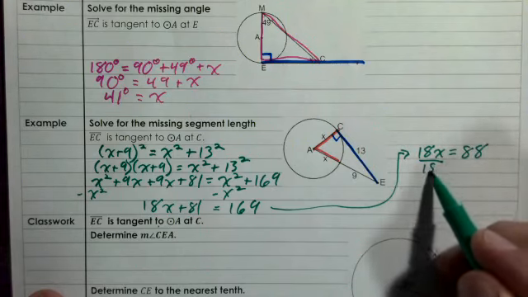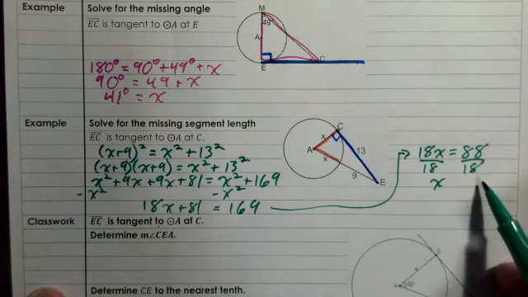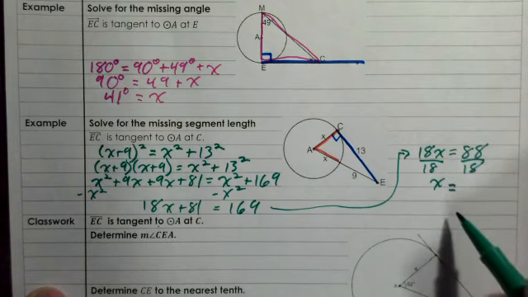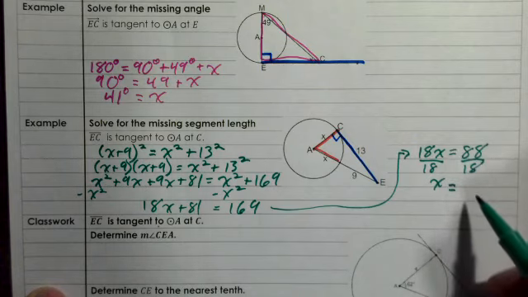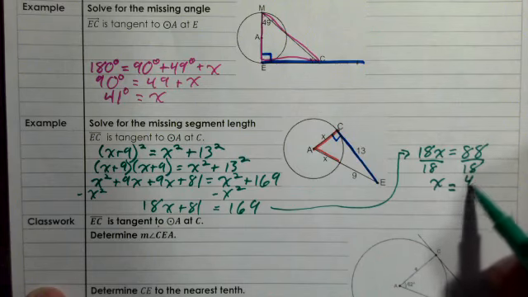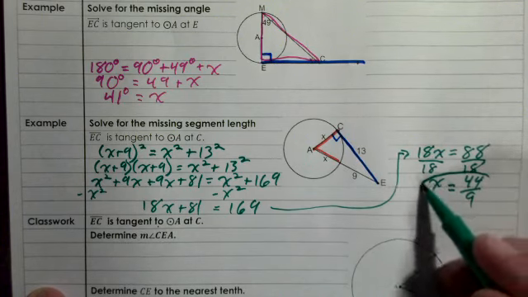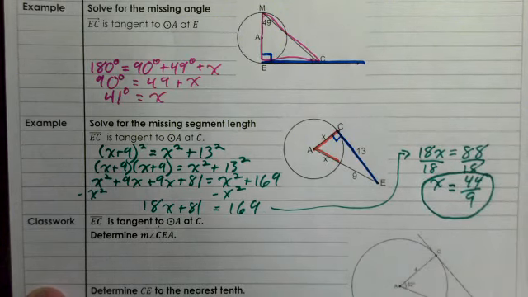Divide both sides by 18. That doesn't divide super nice, so I'm just going to try to clean it up a little bit. We could divide top and bottom by 2, so that's going to be 44 over 9. I think that's about as simple as that one is going to get. So that's my answer.